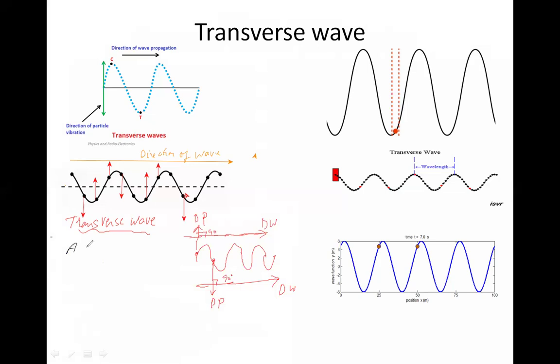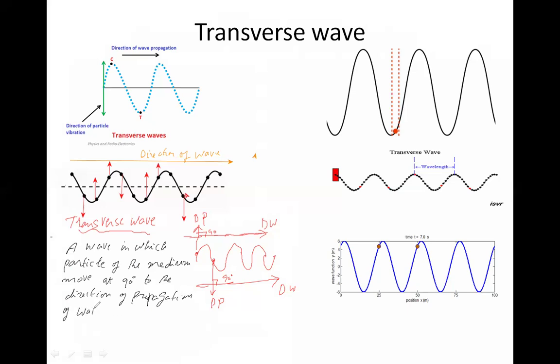A wave in which particles of the medium move at 90 degrees to the direction of propagation of wave is called a transverse wave. Propagation means motion.